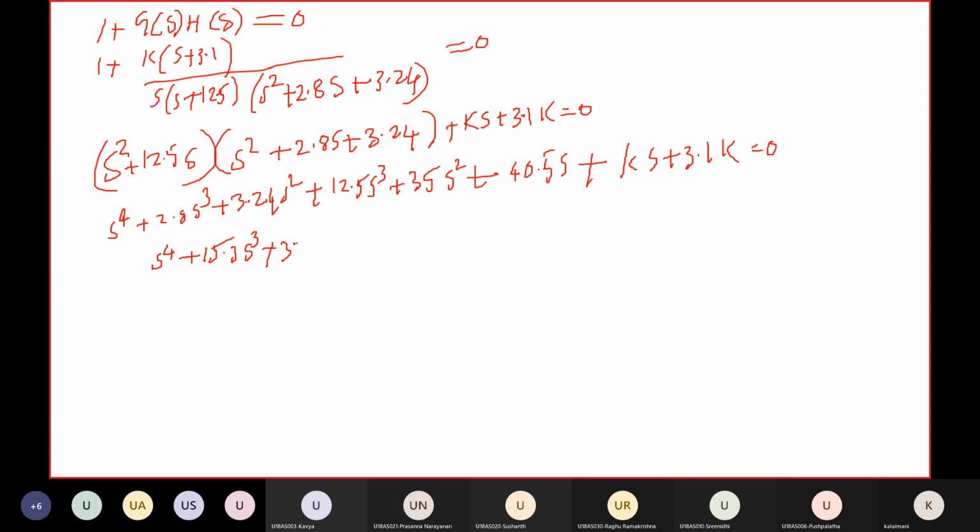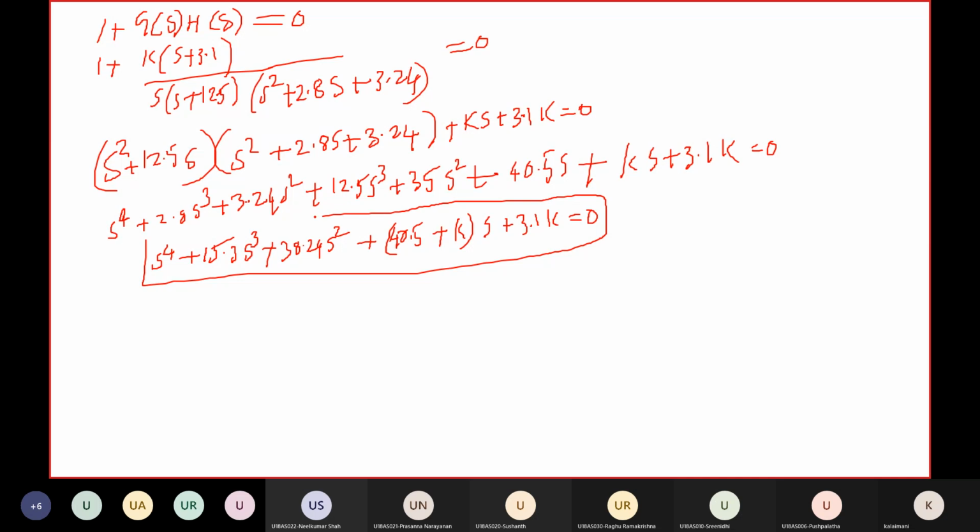Then 40.5 s plus k s, I take 40.5 plus k, then we take s outside, then plus 3.1 k must be equal to 0. This is the equation.